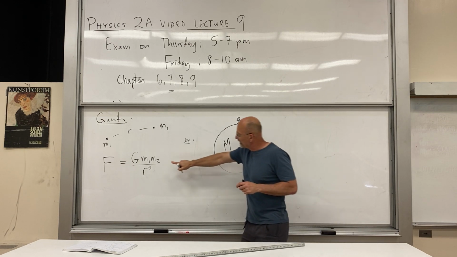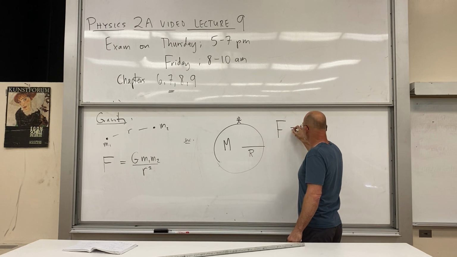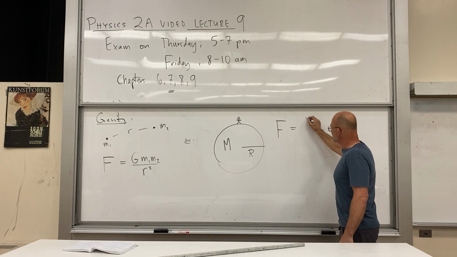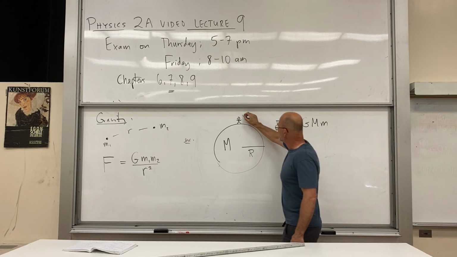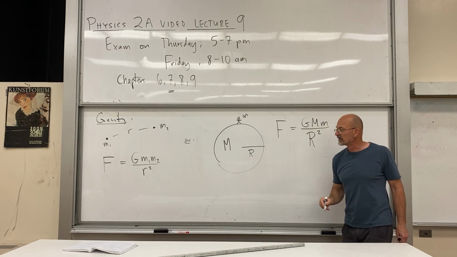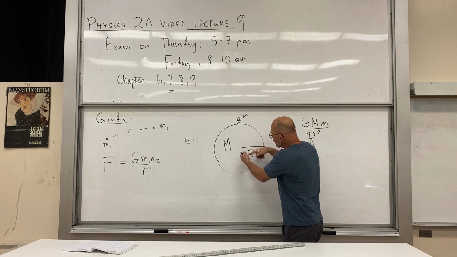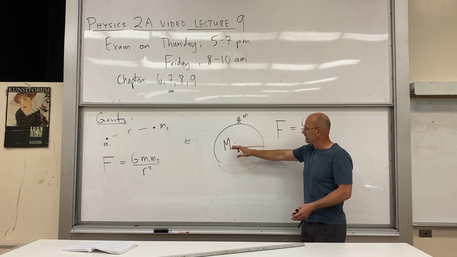I can express this formula here as F is equal to G, mass of Earth, our own little mass divided by the radius of Earth squared. That's the force attracting me to the center of the Earth. It works for spheres to sphere, okay?